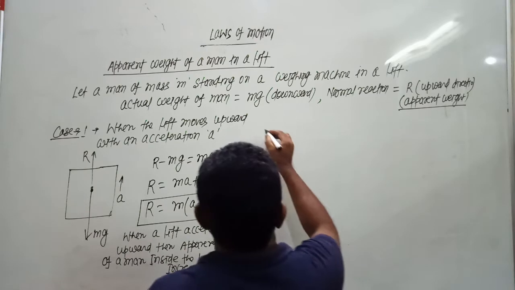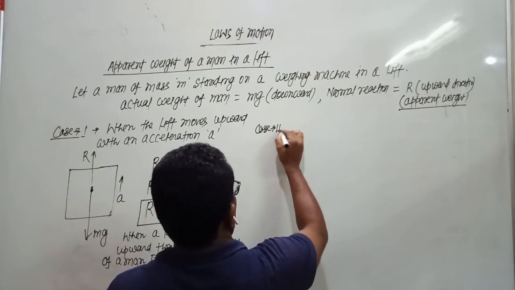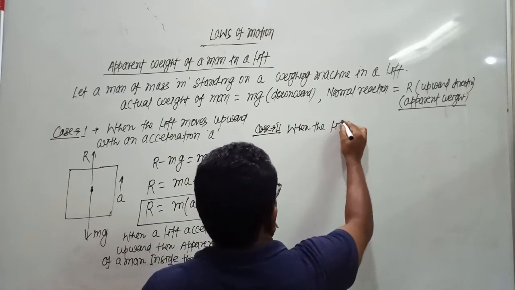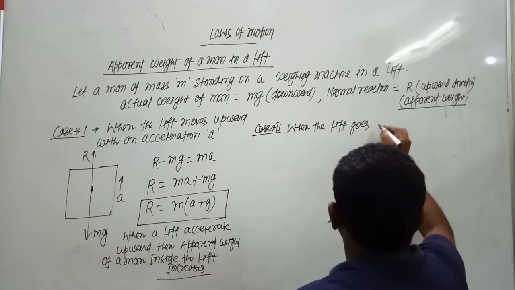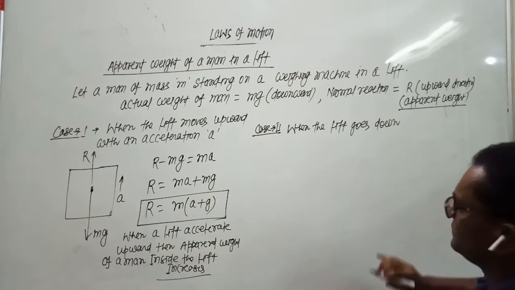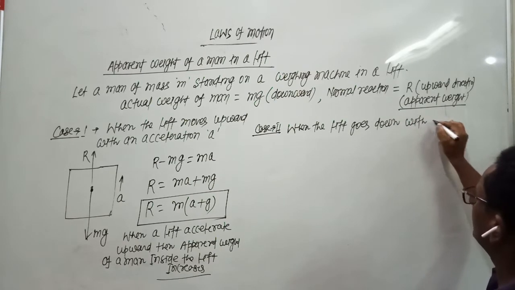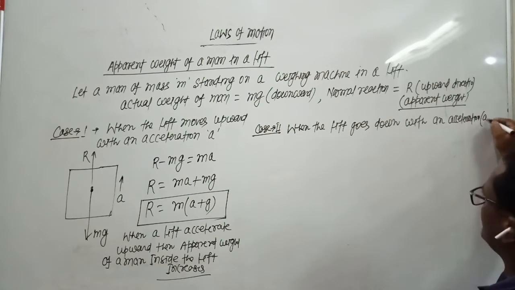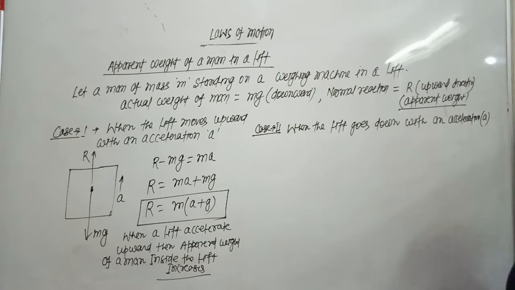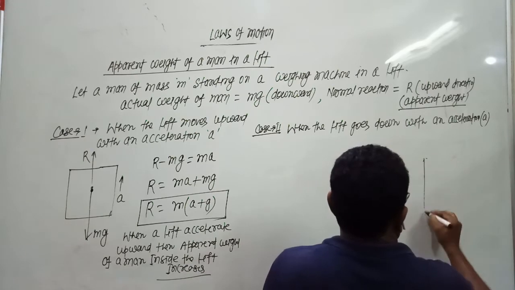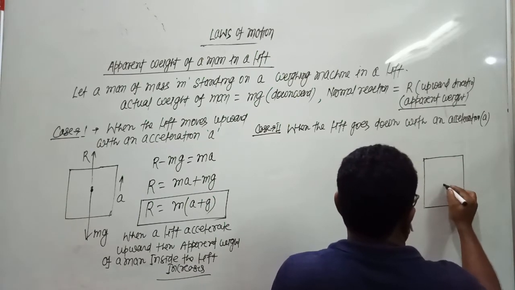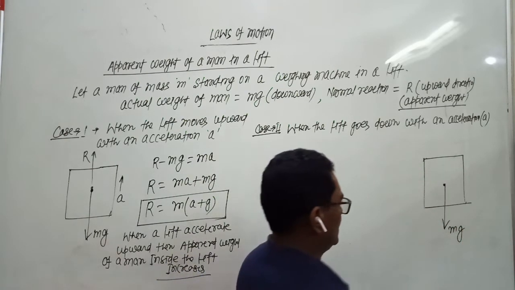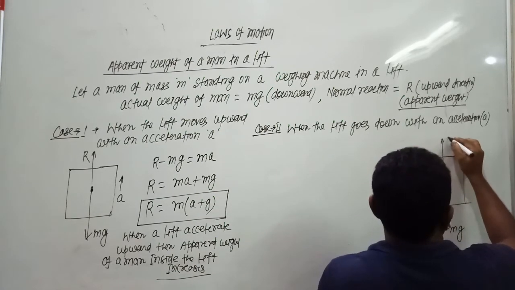Now, second case. When the lift goes down with an acceleration a, the weight always acts vertically downward and the normal reaction acts in the upward direction.